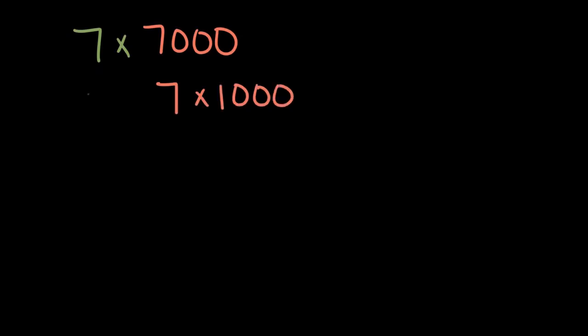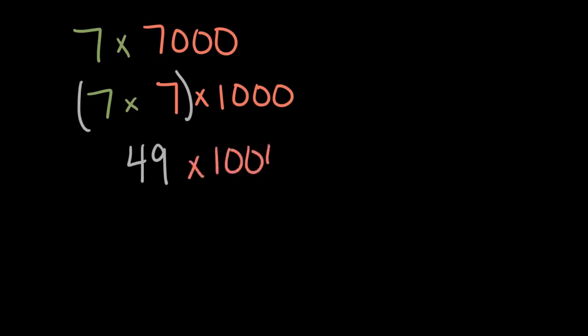And we still have our times 7 in the front here to bring down. And again, we can multiply our single digits first, our one-digit numbers. 7 times 7 is 49.